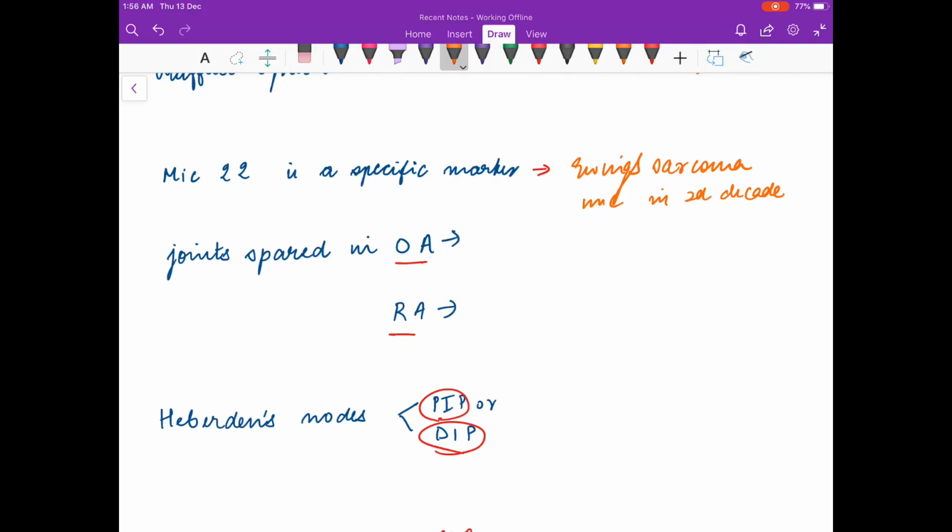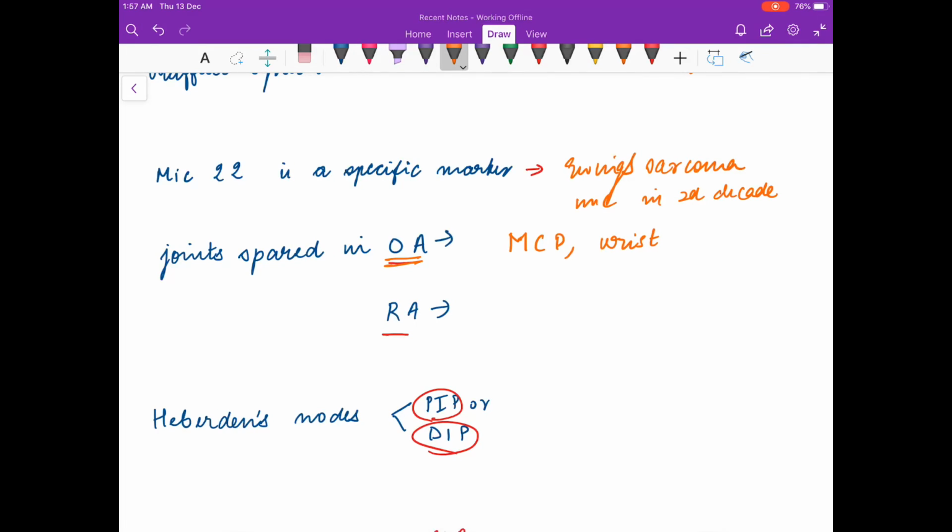Joint spared in osteoarthritis is metacarpophalangeal joint and wrist joint. In rheumatoid arthritis, it is DIP.